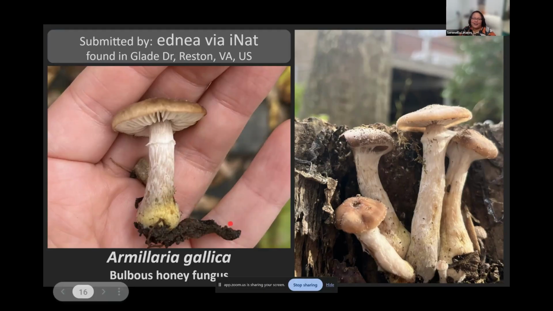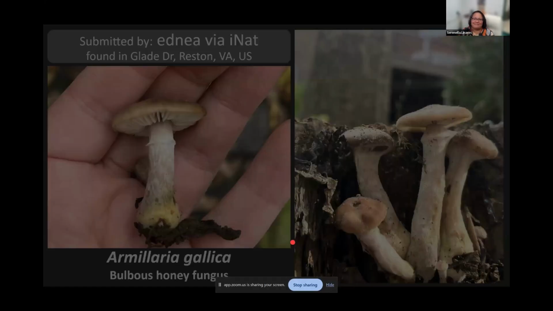So I like to say that mushroom has a little bit of junk in the trunk. Anyway, this is a very good specimen that's also popping widely in our area, and was submitted by Etnia via iNaturalist, found in Reston, Virginia.